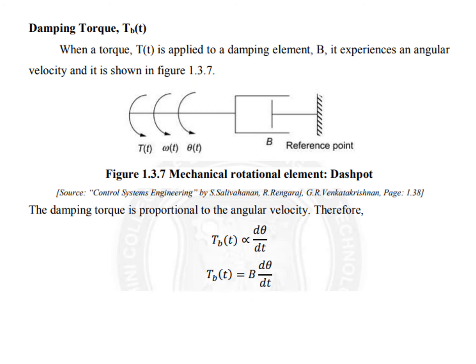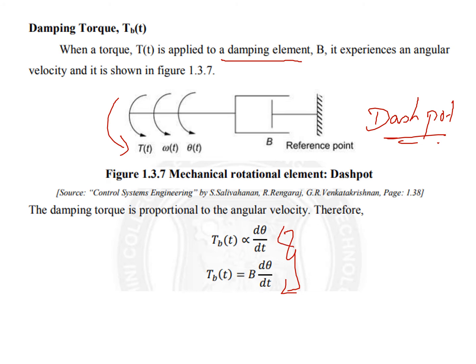Okay, so let us move to the next slide. Again the same explanation. This is a damping element, that is like a dashpot. When we give a rotational force to it, the opposite torque, according to Newton's second law, will be proportional to the angular velocity.